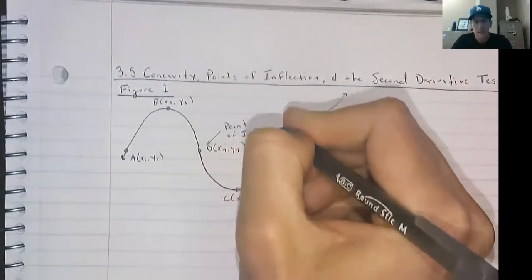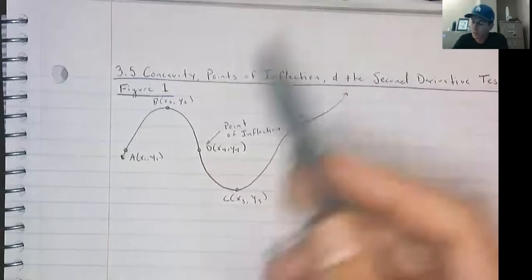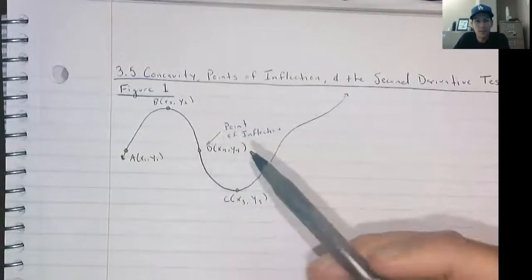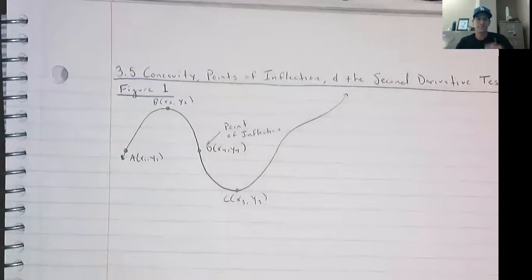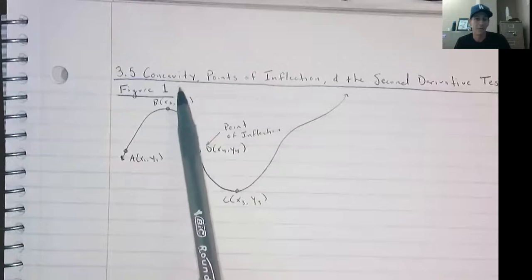Furthermore, that whole clockwise, counterclockwise game we were just playing tells us something about the behavior of f. Looking at this graph, some of it is cupping down and some of it is cupping up. Cupping is maybe not the most mathematically sound way to say it. The way that we say it is concave.